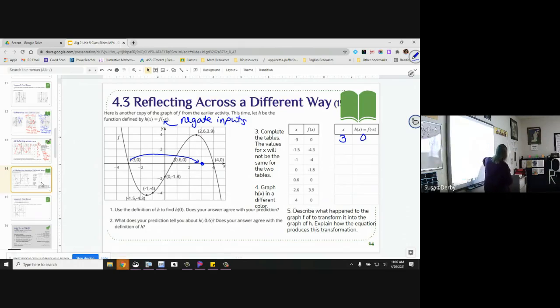Instead of negative 1.5, negative 4.3, we're going to have positive 1.5, negative 4.3. Output stays the same. Our y column is exactly the same. Negative 1, negative 4 turns into a positive 1, negative 4.